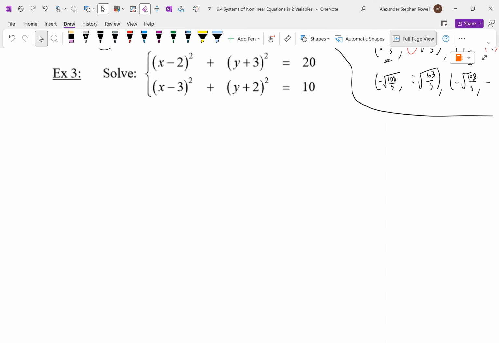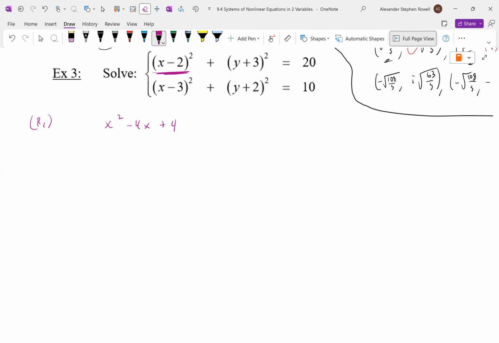One thing I'd like to point out is we can't use elimination yet in this form because the bases of these are different with the -2 and the -3. We can't actually combine these yet. So what we're first going to do is expand. So what's x minus 2 squared? Can you FOIL that in your head? Plus 4. Very good.